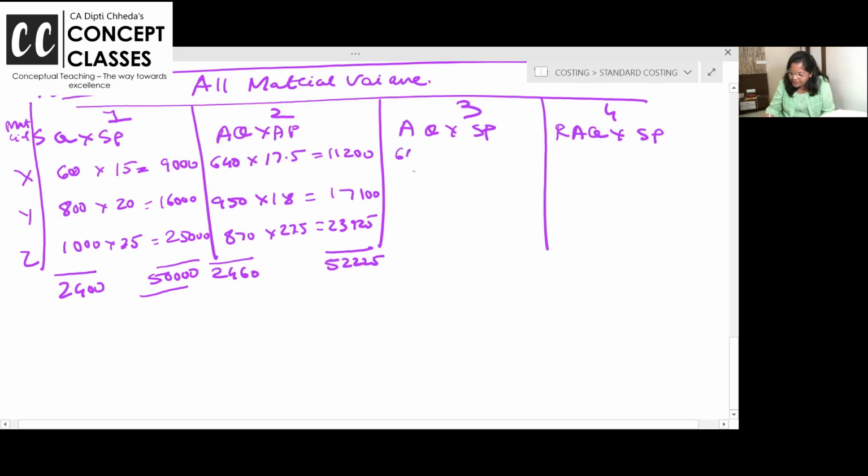Now actual quantity. If you take it at standard price, actual quantity multiplied by standard price.